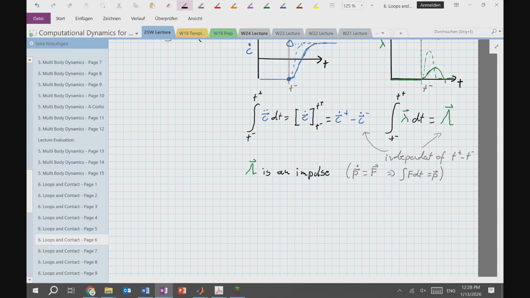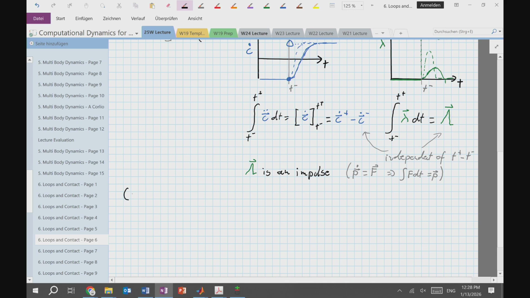And the idea is basically, however you model this, you will get a change in velocity, and you get some loss of energy, right? There's some elastic behavior which will change the sign, and there's going to be some damping in there which will change the magnitude of the velocity.